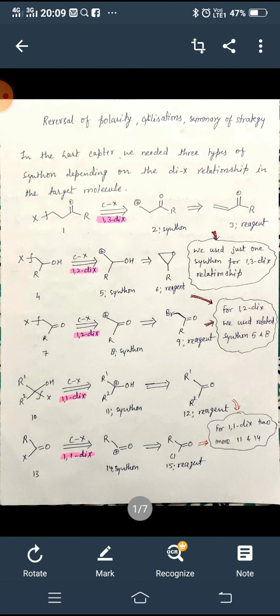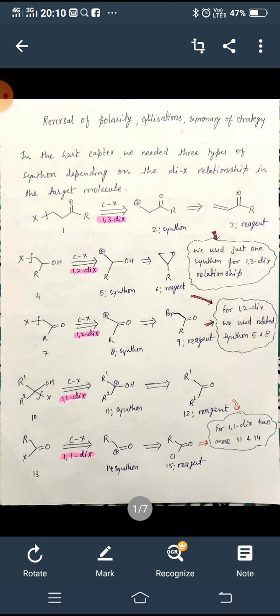Here, in this target molecule, for the 1,3 disconnection there is this synthon, and this is the reagent. For the 1,2 disconnection there are two types of reagents, and for the 1,1 disconnection there are also two types of reagents. For the 1,3 disconnection relationship we used just one synthon, molecule number 2.